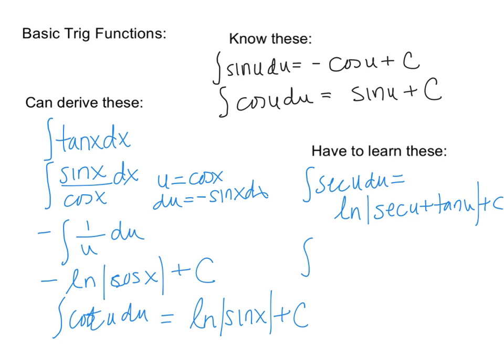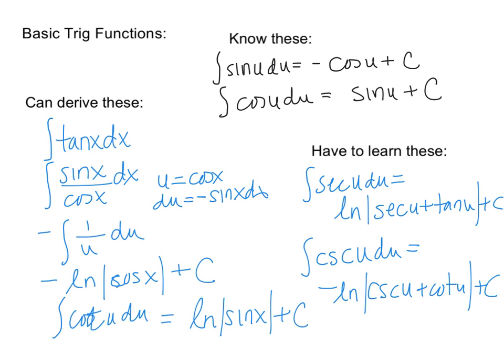And then, of course, the integral of cosecant u du, which is negative natural log of the absolute value of cosecant u plus cotangent u, plus c. All right? So these two you know cold, those you can derive, and these you'll have to learn or at least look up.